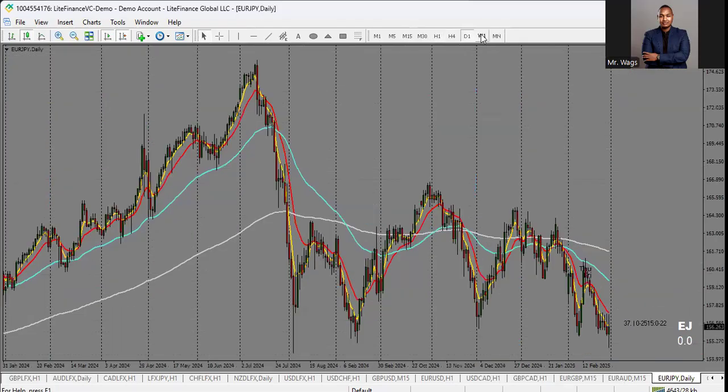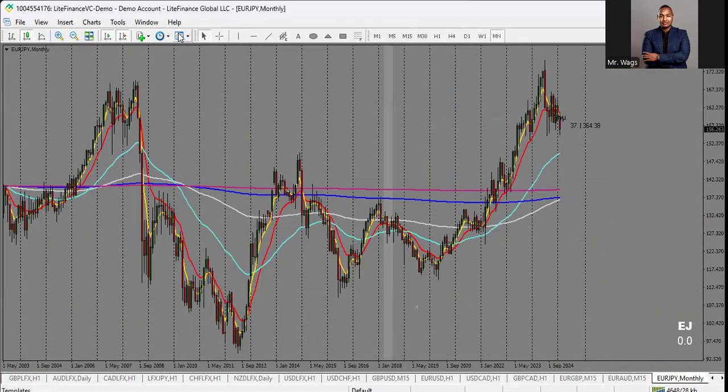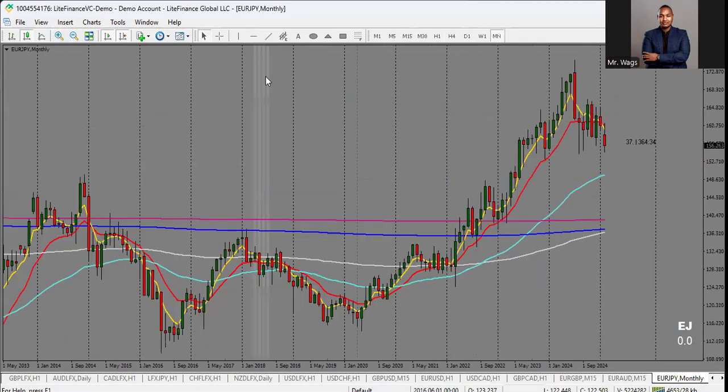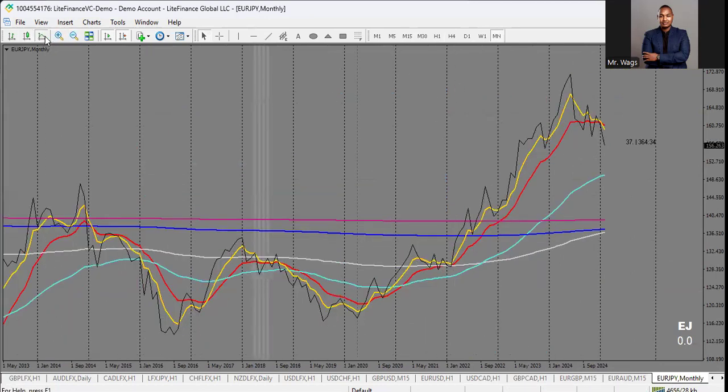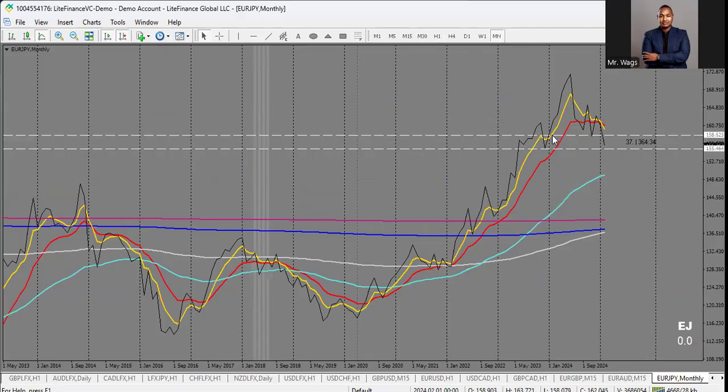So here we have EURJPY. So let's load the line charts. Look on areas of support or resistance that are close to the current market price. We have those two.